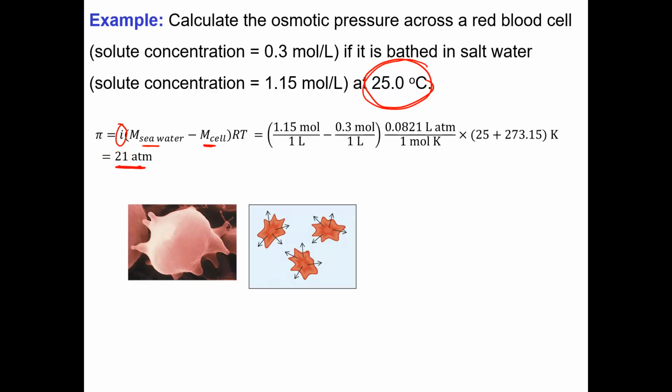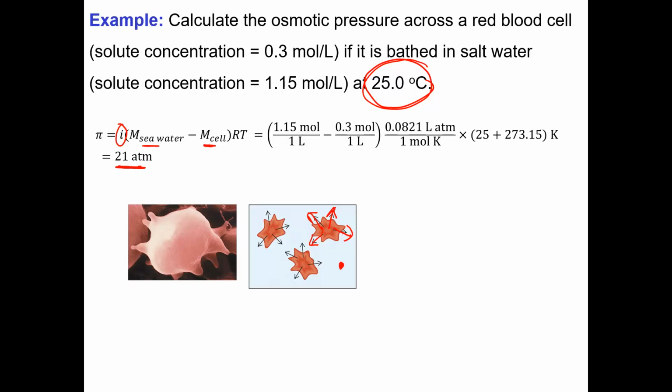What's going to happen in this case is, because the concentration in the solution surrounding the cells is so much higher than it is within the cells, water is going to come rushing out of our cells, hoping to equalize the two concentrations, and the pressure that will be exerted on the cells is 21 atm.